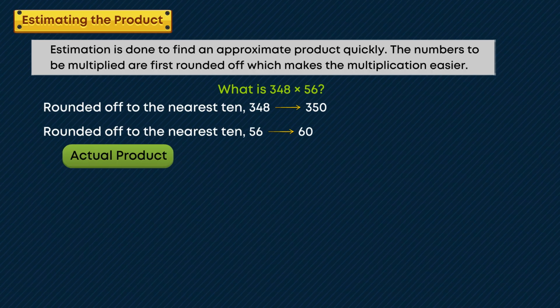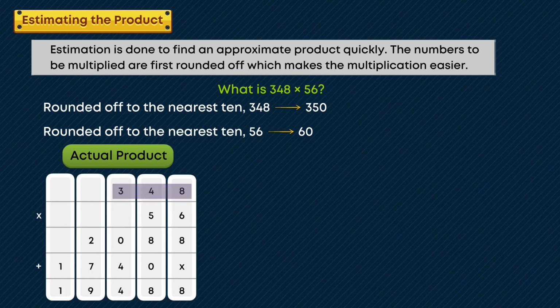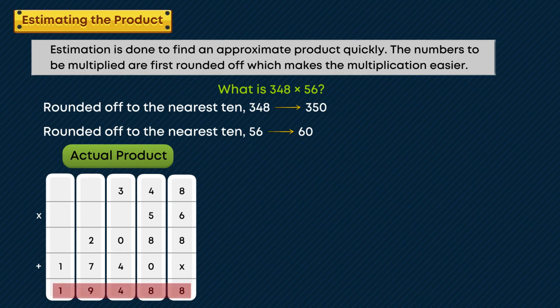Actual product. 348 into 56 is equal to 19,488.